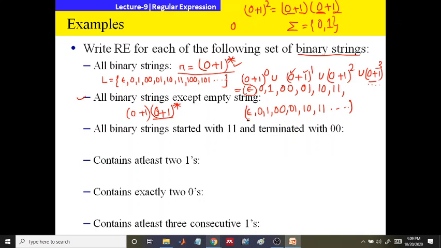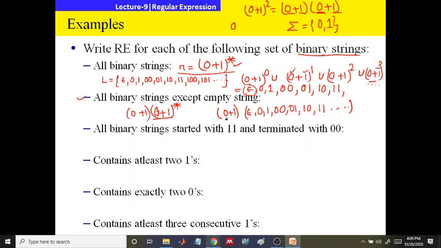So you have concatenated with what? Here you have concatenated with (0+1). Right?